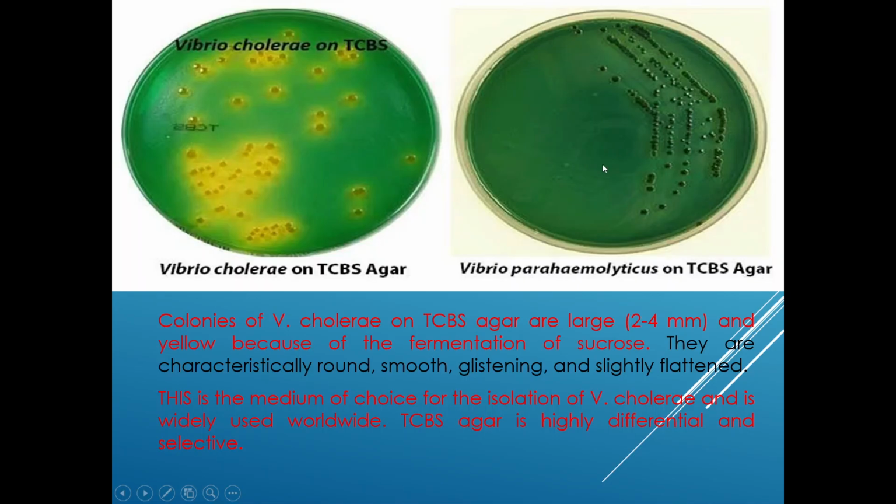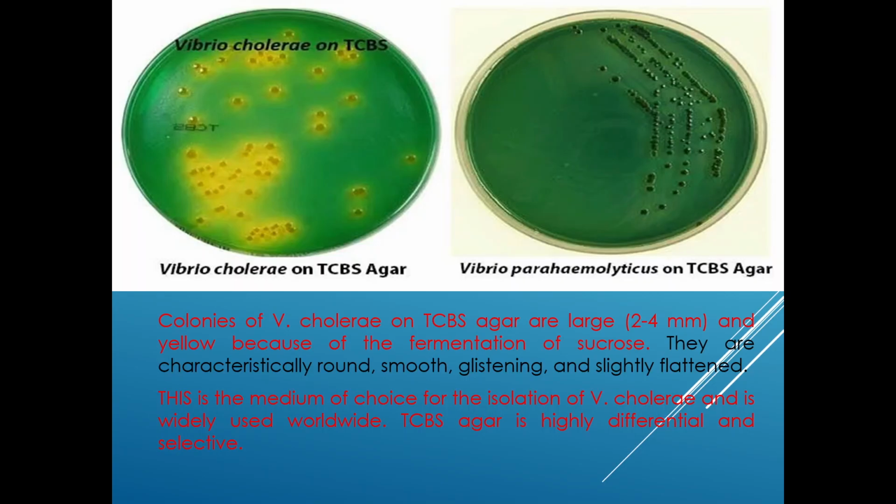Colonies of Vibrio cholerae on TCBS agar are large, 2 to 4 millimeters in diameter, and yellow because of the fermentation of sucrose. They are characteristically round, smooth, glistening, and slightly flattened.